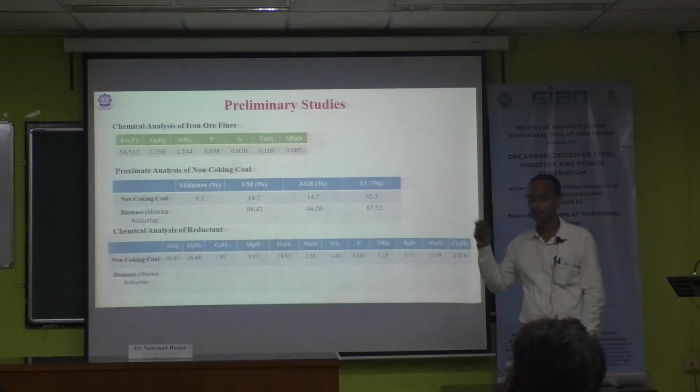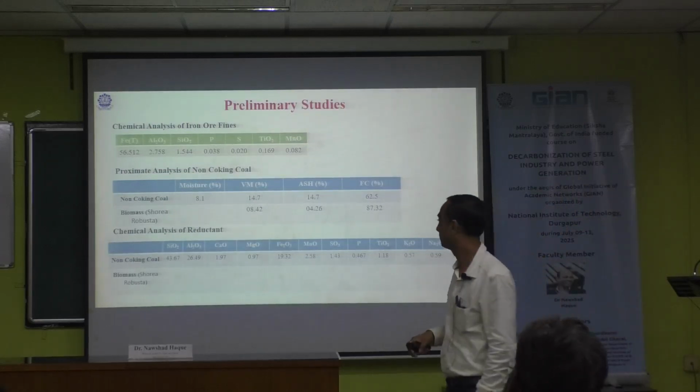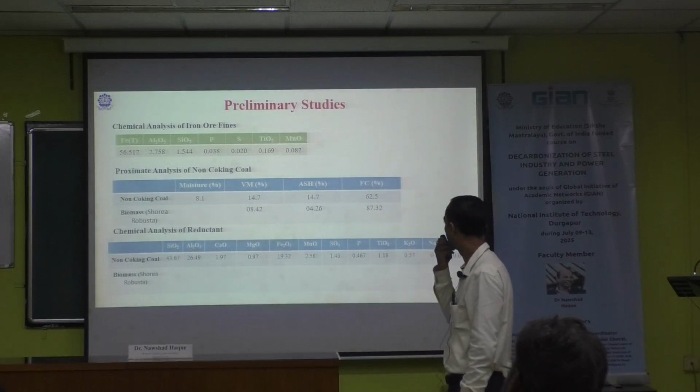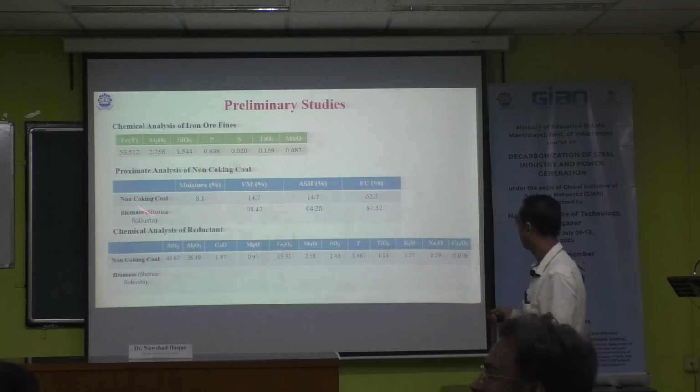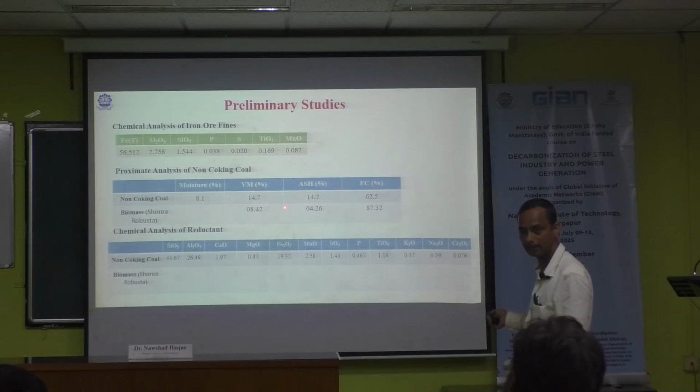This is one study in this slide by a student. He has taken non-coking coal as a reference reductant as well as Shorea robusta biomass.